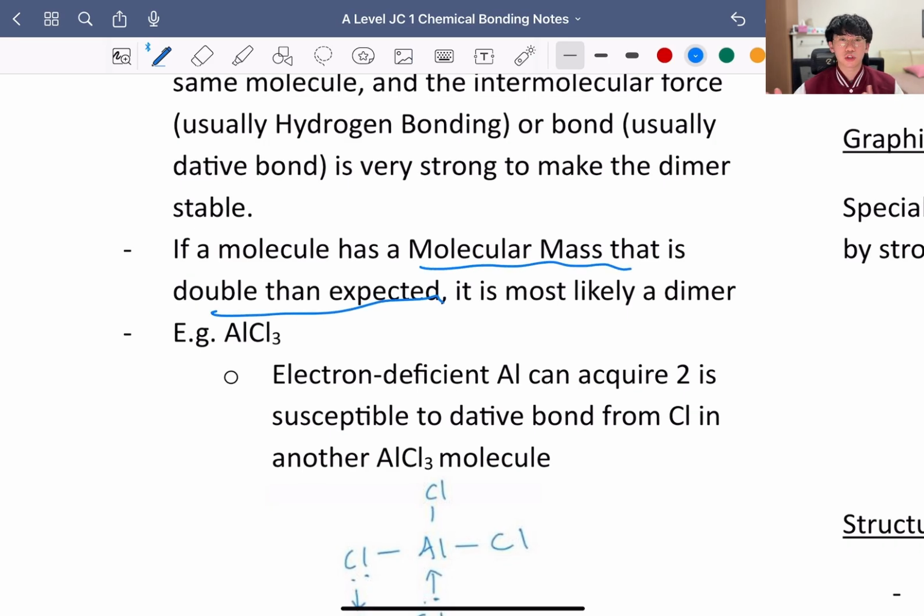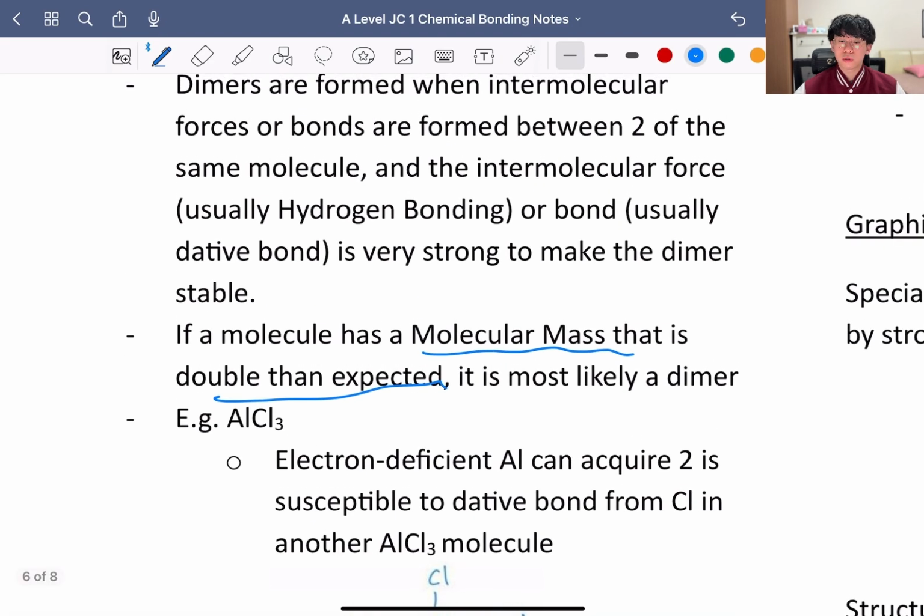And questions tend to hint at this, for example, the molecular mass is double, or what could be a reason for this interaction? Well, it's because of dimerization, right? So in general, you can have hydrogen bonding, or you could have dative bonds that form between the two molecules. And these are stable enough to make the molecules combine and form a dimer.